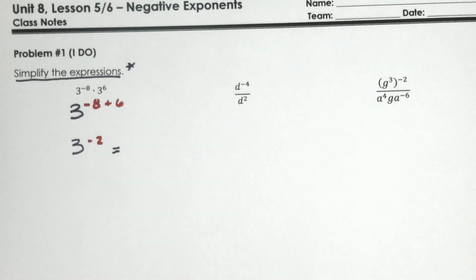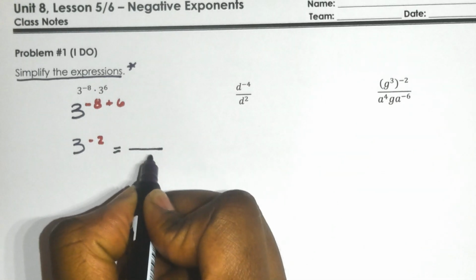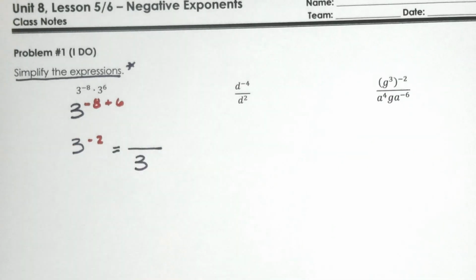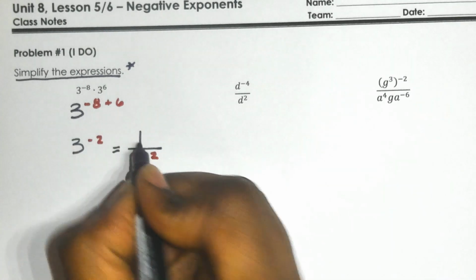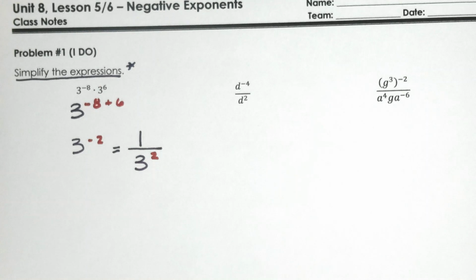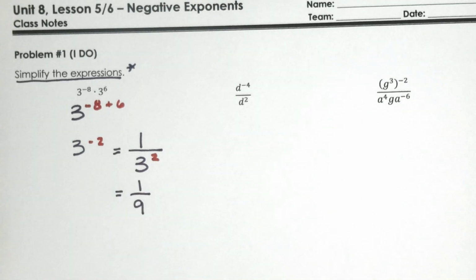I'm going to use my negative exponent property to create that. I'm going to keep the base, change the sign of the exponent, and flip the number. So it becomes 1/3 to the 2nd power. And if I wanted to simplify that further, that would be 1/9.